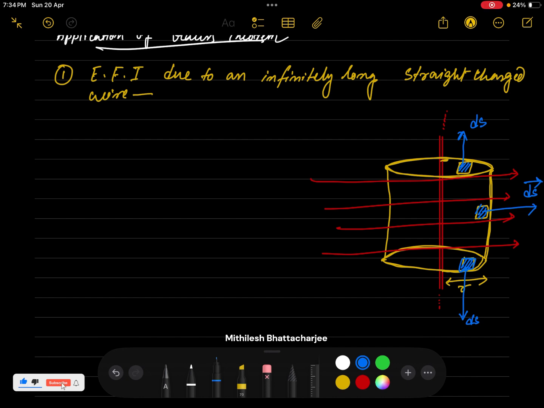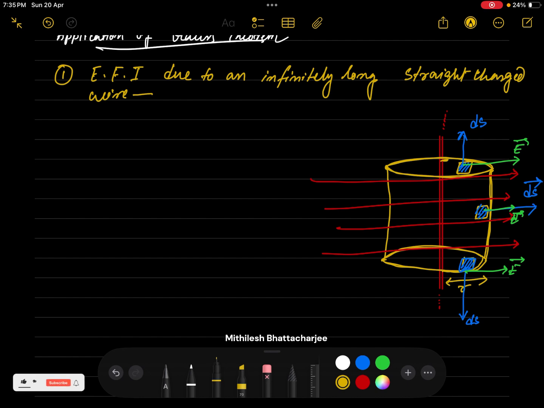And the electric field is this way, E. Now we have to find the electric field intensity of these three surfaces. Then if we integrate, we will find the flux.